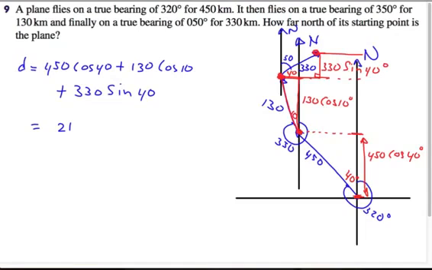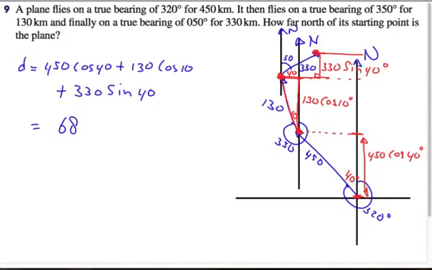No, that's not true. That would be a bit too little. 450 cos 40 plus 130 cos 10 plus 330 sine 40 is 684.9.